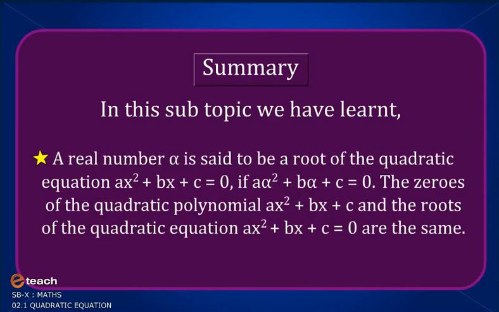A real number alpha is said to be a root of the quadratic equation ax squared plus bx plus c is equal to 0 if a alpha squared plus b alpha plus c is equal to 0. The zeros of the quadratic polynomial ax squared plus bx plus c and the roots of the quadratic equation ax squared plus bx plus c is equal to 0 are the same.